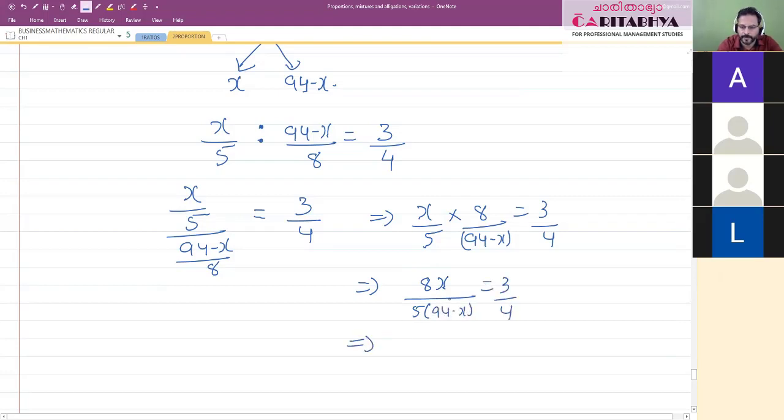Cross multiplying, 8 into 4 is 32x is equal to 3 into 5, 15 into 94 minus x, which is 1410 minus 15x.